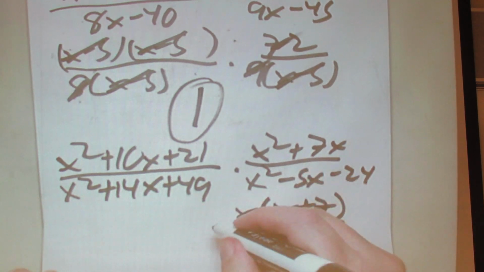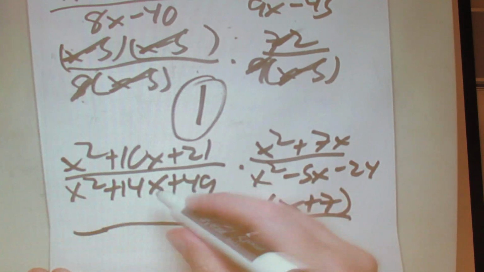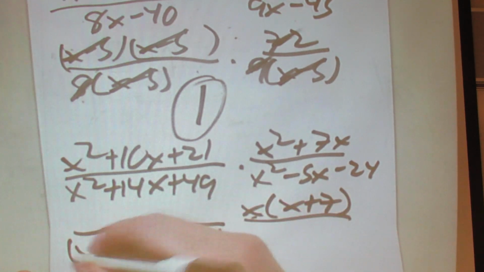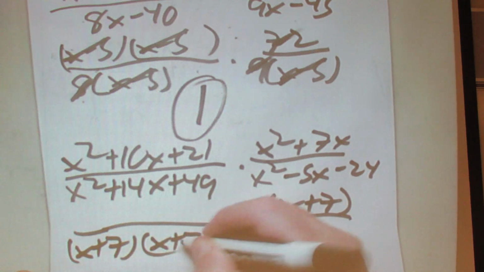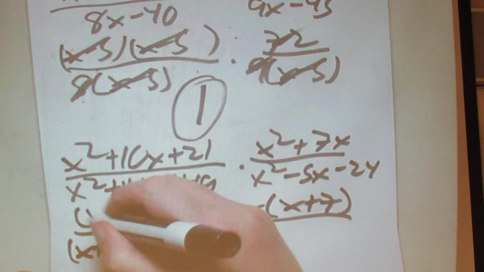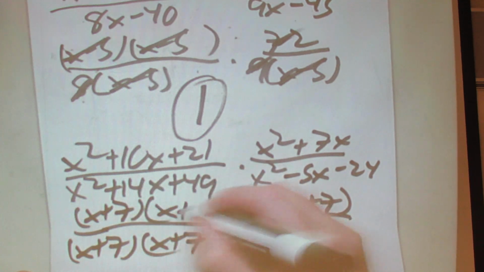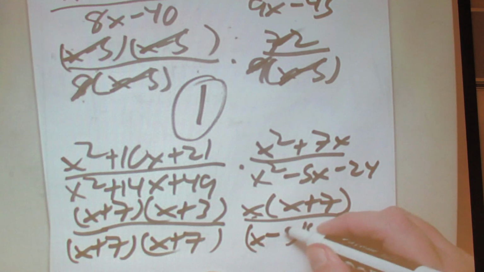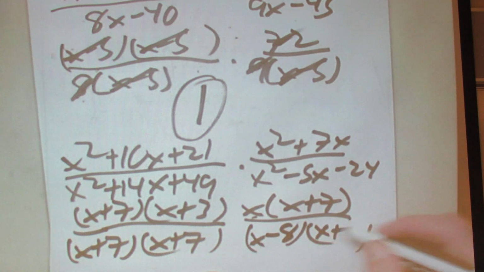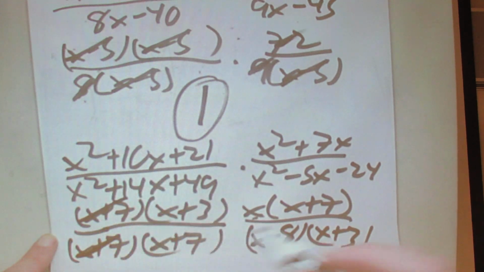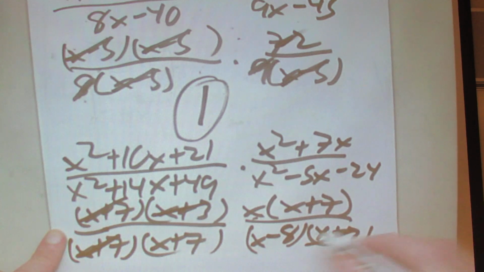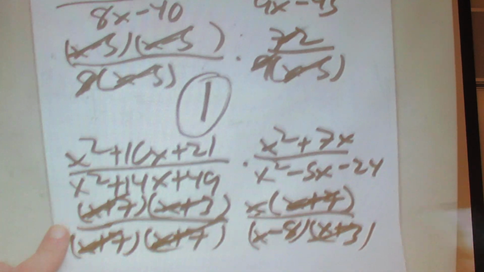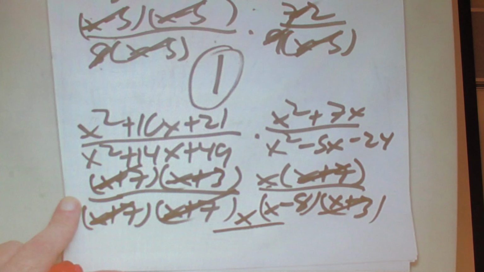Then I'm going to do this one here: (x plus 7)(x plus 7). Now this one: (x plus 7)(x plus 3). Here, we'll have (x minus 8)(x plus 3). So we can cancel. We have an x plus 7 on top and bottom, x plus 3 on top and bottom, x plus 7 on top and bottom. We're left with x over (x minus 8).